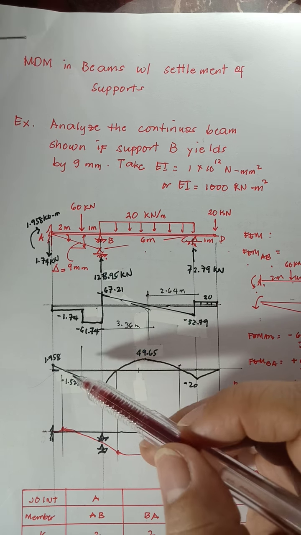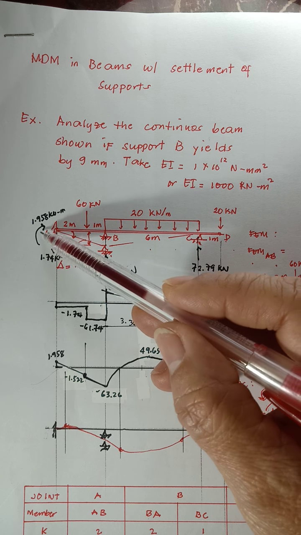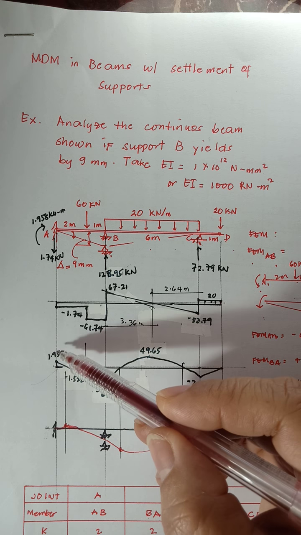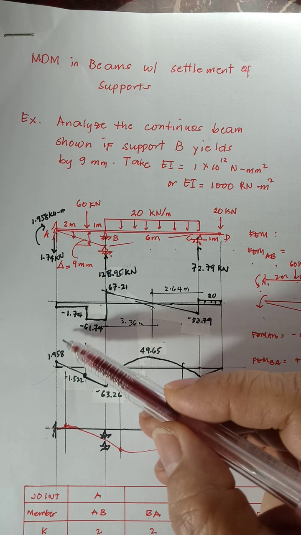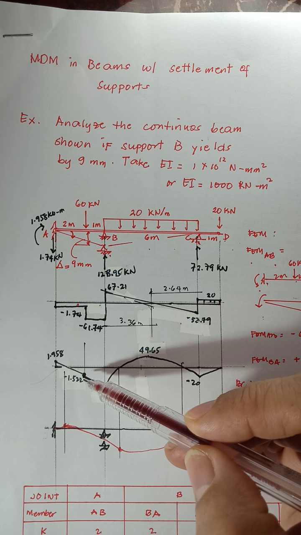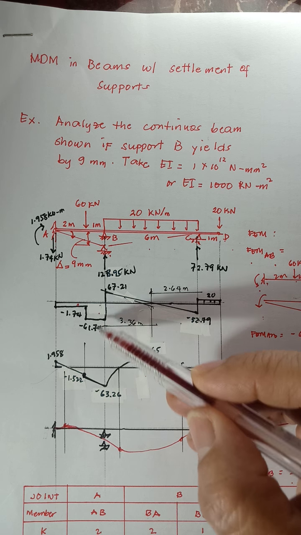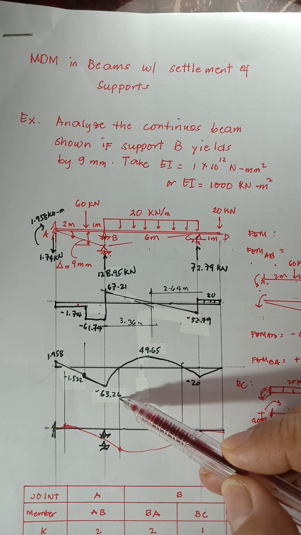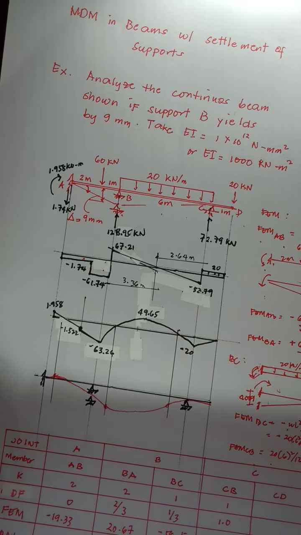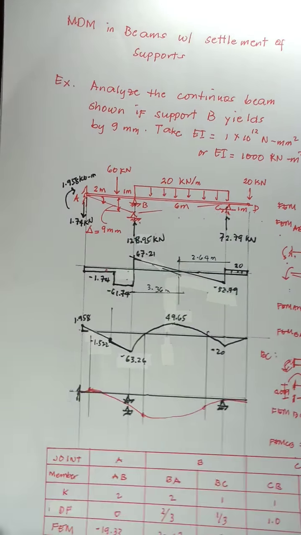Okay, so for our moment diagram, at A we have a clockwise moment of 1.958, so positive 1.958, and then minus this area, so we have minus 1.522, and then minus this area, that would be minus 63.26. As you can see, this moment coincides with our moment at B, which is 63.26.